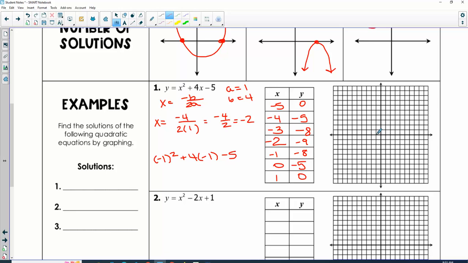So if I plot this, negative 5, 0, negative 4, negative 5, negative 3, negative 8, negative 2, negative 9, negative 1, negative 8.